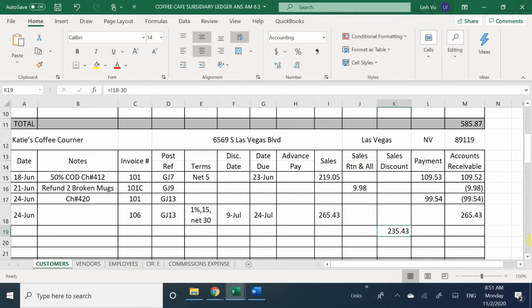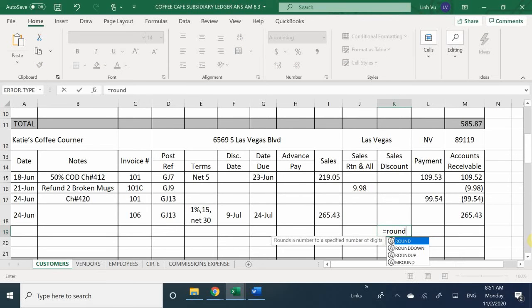So two, three, five, 43. Why don't I just do this? Okay, so we know that the 265.43 includes the $30 freight charge, and we need to multiply this by 1%.